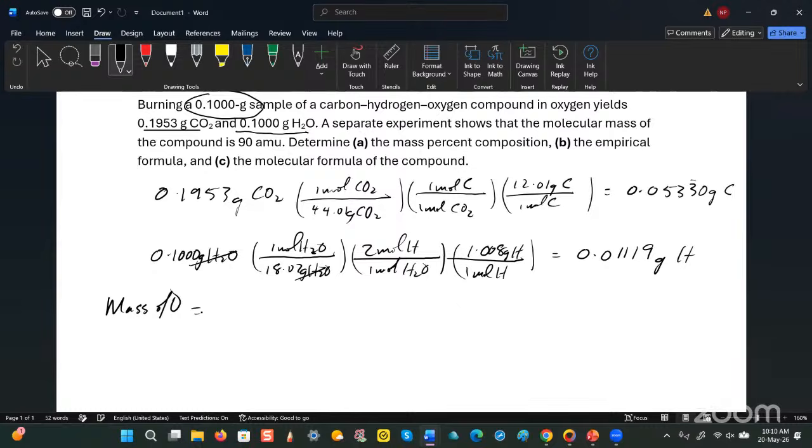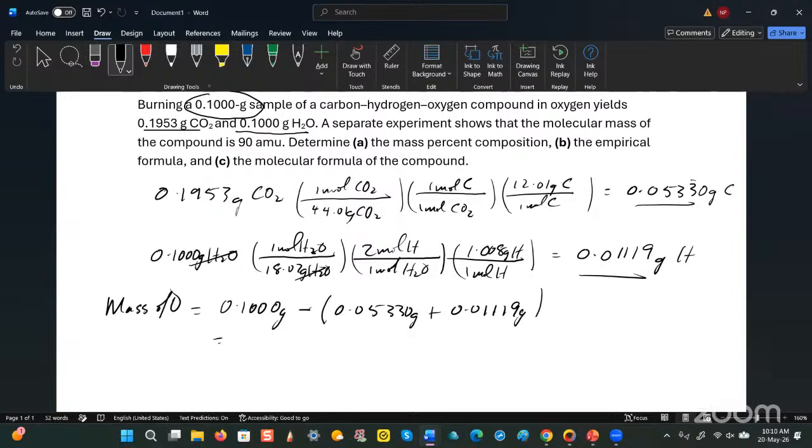So to get the mass of the oxygen, we take the total mass of that compound and subtract from that the sum of these 2, right? So minus 0.05330 grams plus 0.01119 grams, and then we work that out, and that would give us the mass of the oxygen.